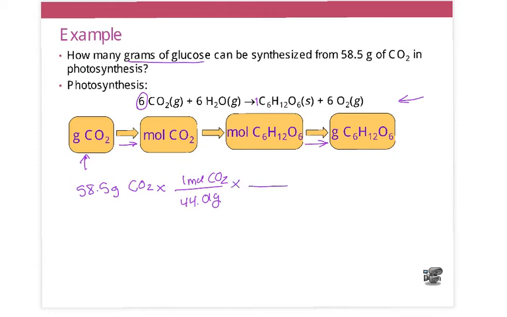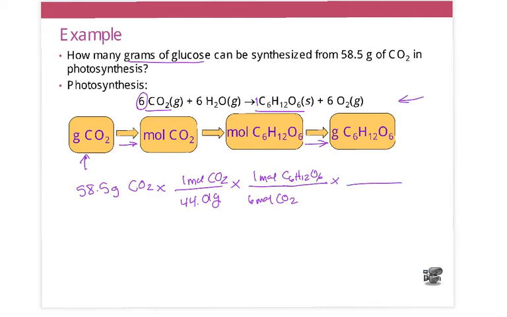Now we can use the chemical equation to determine the ratio of moles of carbon dioxide to moles of glucose. So we have 6 moles of CO2 for every 1 mole of C6H12O6, which is glucose. Okay, great.